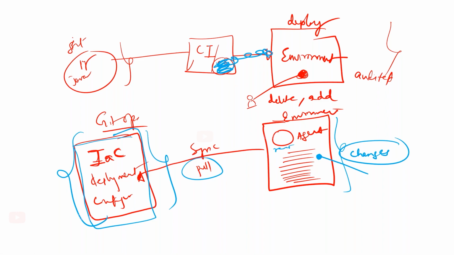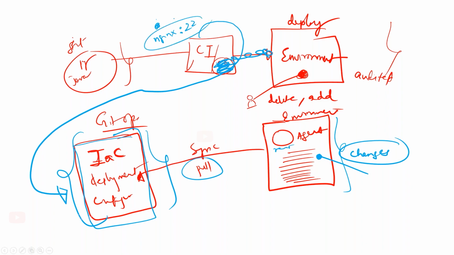Okay, so once the CI process is completed, we'll update these configurations. Let's say after the CI process, the Docker image nginx:22 is the latest image generated from the CI pipeline. So now you trigger the CI pipeline in such a way that it will change the configuration in one of the configuration files here.